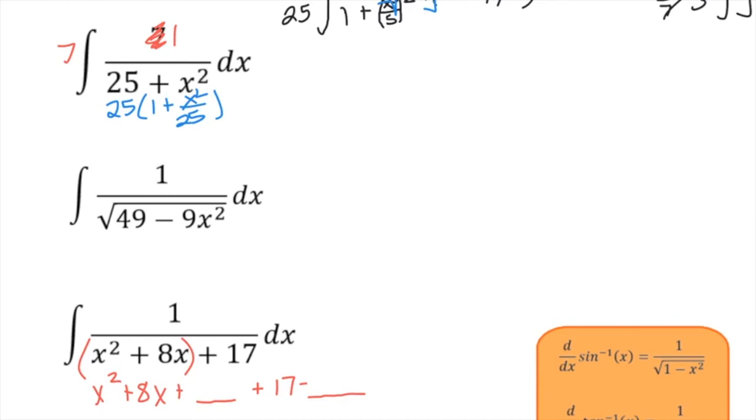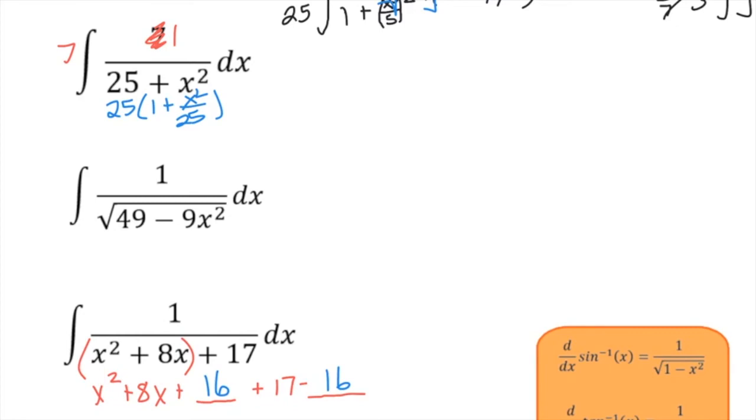Now, the way to complete the square, I hope you remember, is you take half of this value, so half of 8 is 4, and then you square it. So we're going to have a plus 16. That will complete this square, and then we're going to subtract off 16. Just make sure you see why we did that: this right here is x squared plus 8x plus 17. We have not changed what the denominator is equal to.